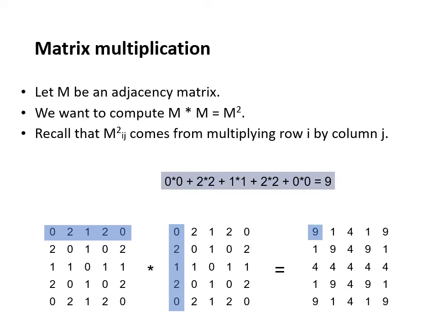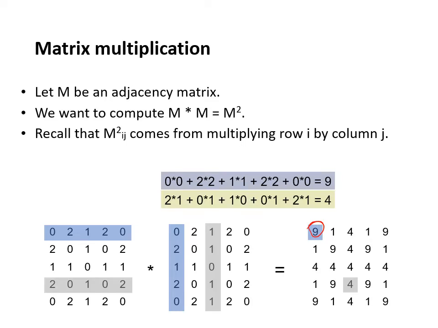We multiply each element in the row with the respective element in the column, and then we add them together. And that's the number that goes in here. And so we continue doing that until we fill up the whole matrix. So this is this gray row with the gray column, and so on.